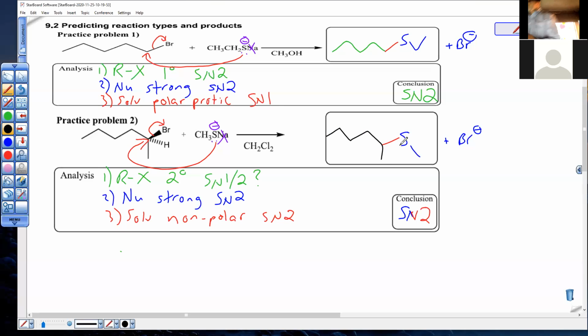So one way to make that R is to put the H on a wedge and make that new bond a dash. All the way, please.